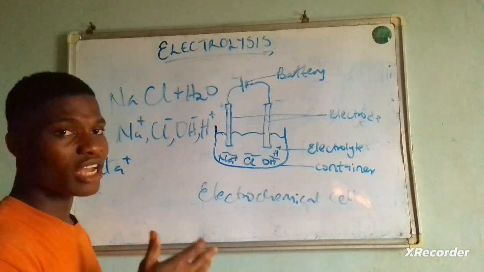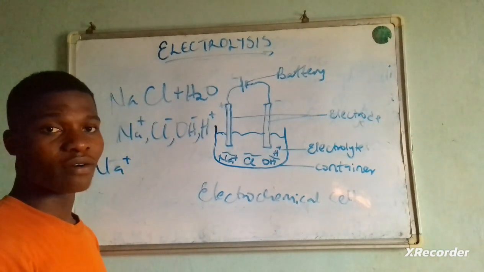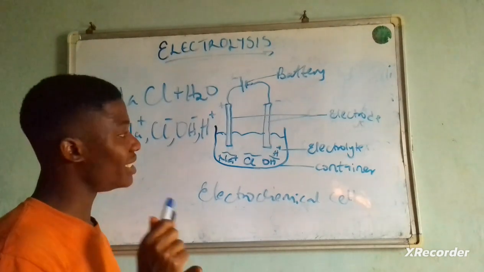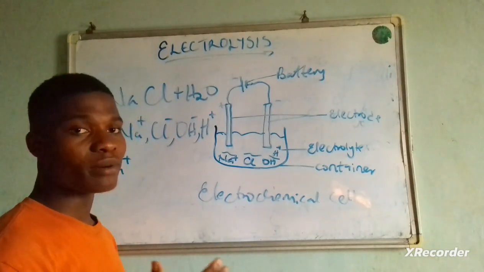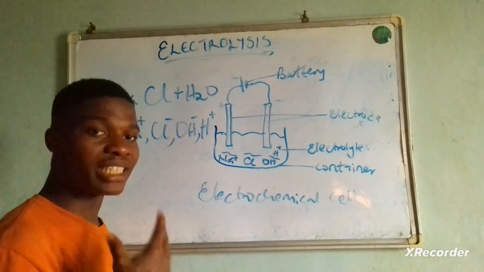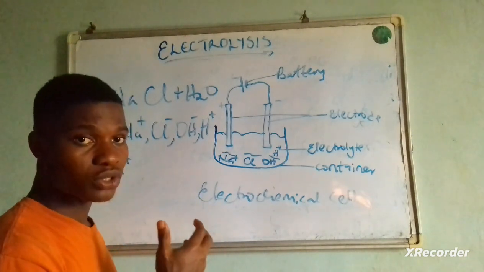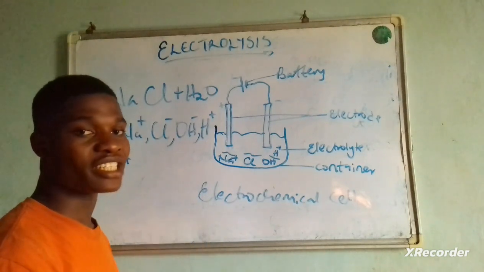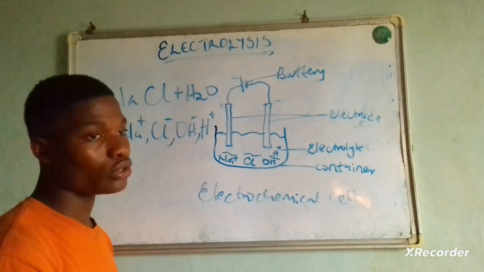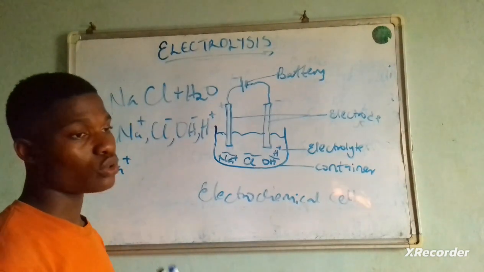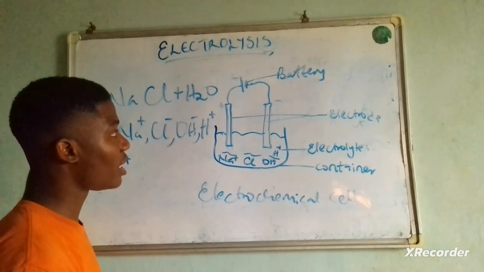When they migrate to the electrode, there is need for one of the ions to be discharged at the electrode. So now the problem becomes, which one will be discharged? In order to solve this problem, there are certain rules that govern it. Those rules, we are going to look at now.